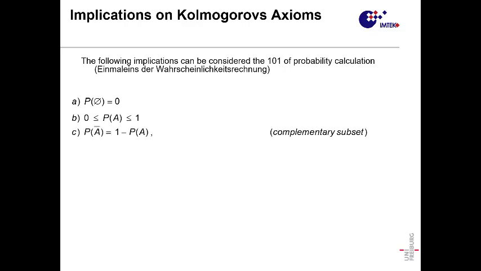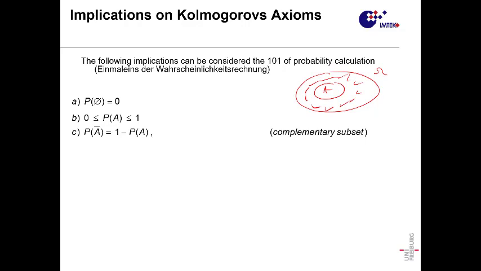Then the next consequence is that the function applied to the complement of the subset A is equal to 1 minus the function applied to A. Remember from last week, if we have omega and we have A, the complement of A was all of this.